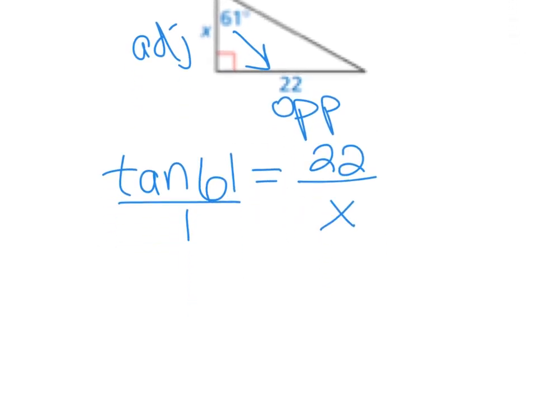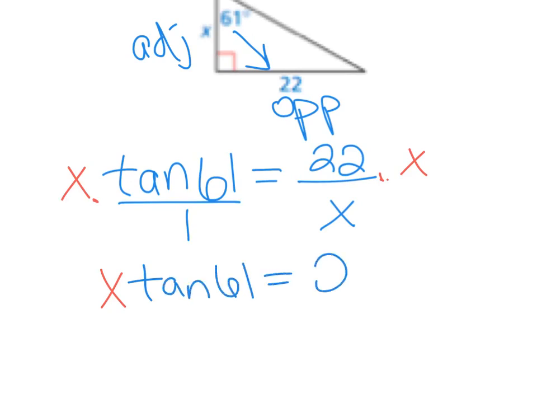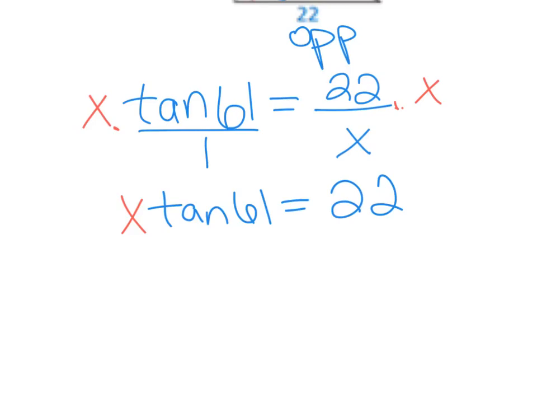So remember, just like we did last time, I'm going to multiply both sides by x to get it out of the denominator. It's like a proportion. We're just doing a little cross product, basically. So I'm going to have x times the tangent of 61 equals 22. And just like before, I'm going to divide by the tangent of 61 on both sides.